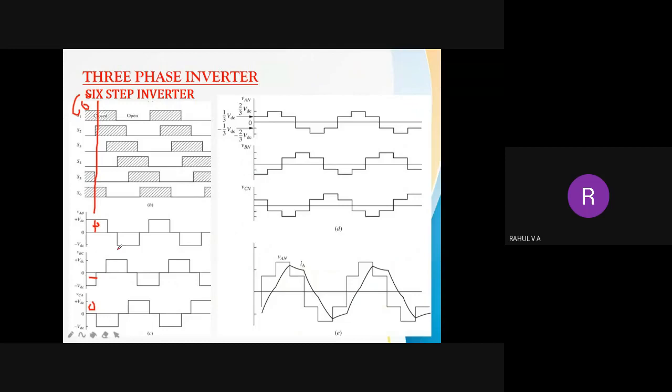So we got similar. In the first cycle, S1, S5, S6 are turned on, so we are getting VAB positive, VBC negative, and VCA 0. That is what we have discussed here.